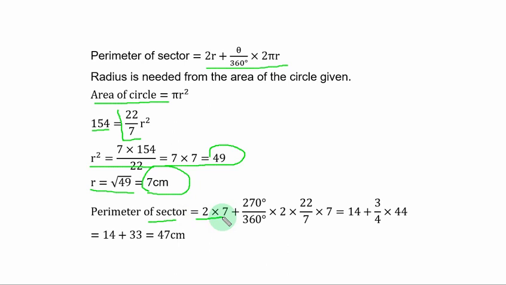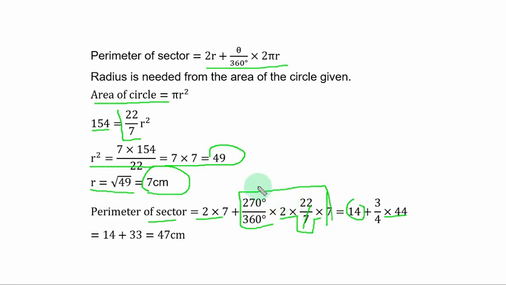Back to the perimeter: 2r, that is 2 times 7, which is 14. The angle of the third sector is 270 degrees over 360 degrees, times 2 times 22 over 7 times 7. If you reduce from here to here, you have 3 over 4 times 44. This is what happens: cancel 7 by 7, 2 times 22 is 44.